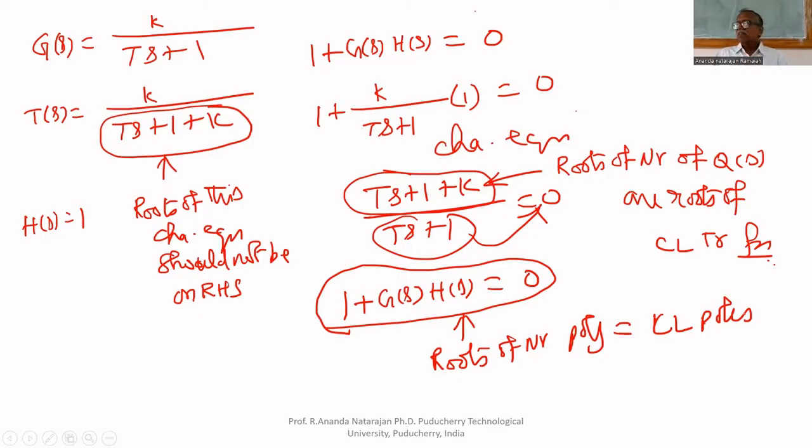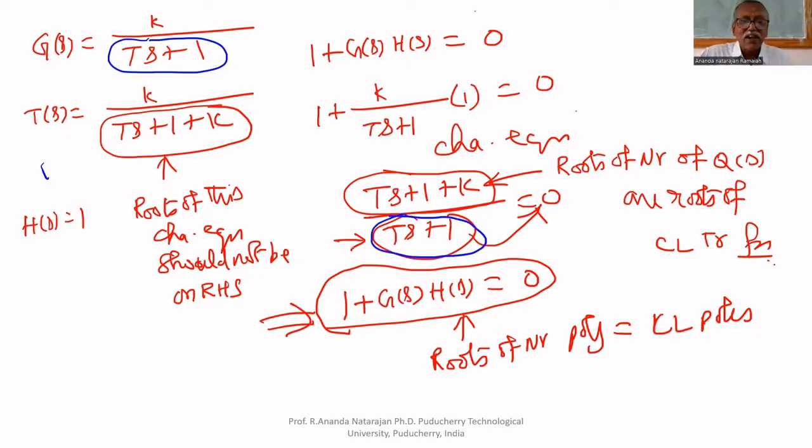Q of S is 1 plus G of S H of S. So from this, what can we understand? What is the denominator of 1 plus G of S H of S? If you see, the denominator of this and the denominator of the open loop transfer function are the same. The denominator of the open loop transfer function and the denominator of Q of S are same.